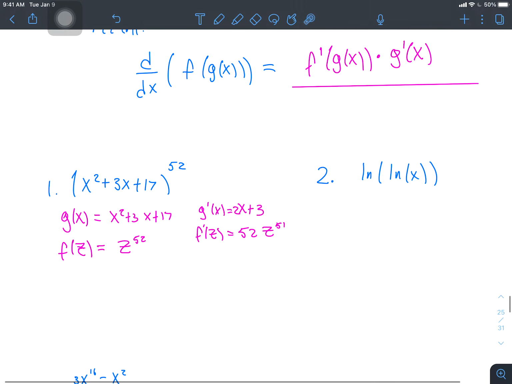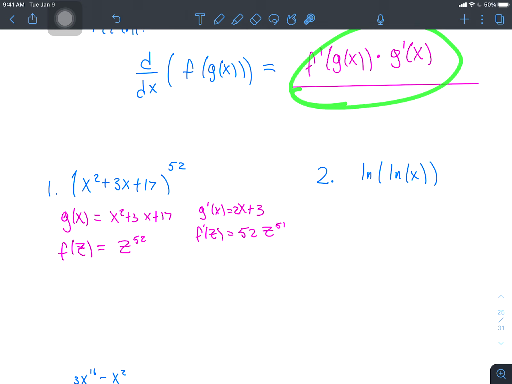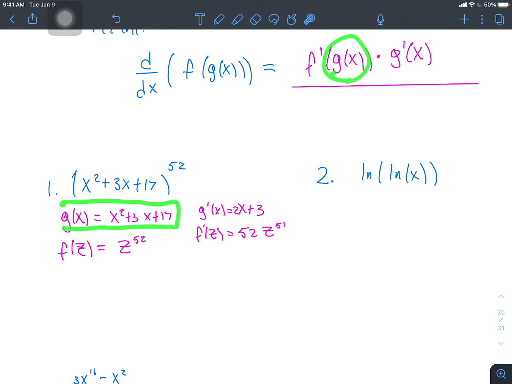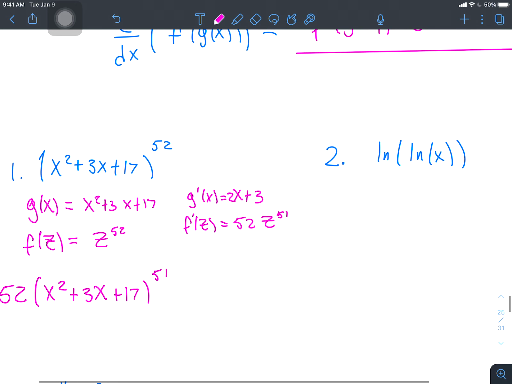If I want to figure out what the derivative of the composition is, all I need to do is apply this formula, which says take regular g of x, so that's x squared plus 3x plus 17, and plug it in for z in the function f prime of z. That's the first part. So what does it look like? It looks like 52 times (x squared plus 3x plus 17) to the 51st power.